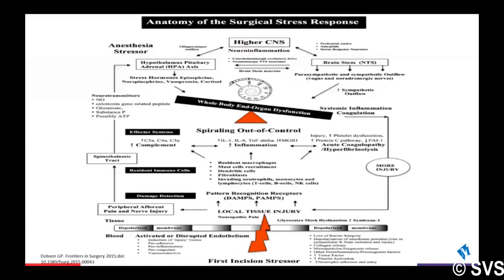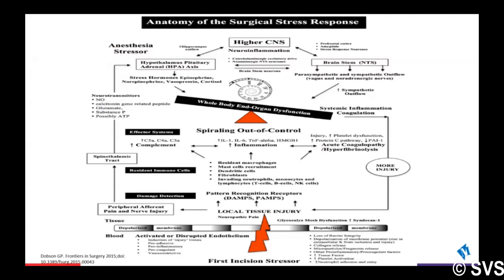Complications due to surgery consist of all of this. Anatomy of the surgical stress response. It all starts with a first incision stressor. Local tissue injury will occur, and it goes up to the peripheral afferent pain and nerve injuries, but also goes higher up to the spinothalamic tract.